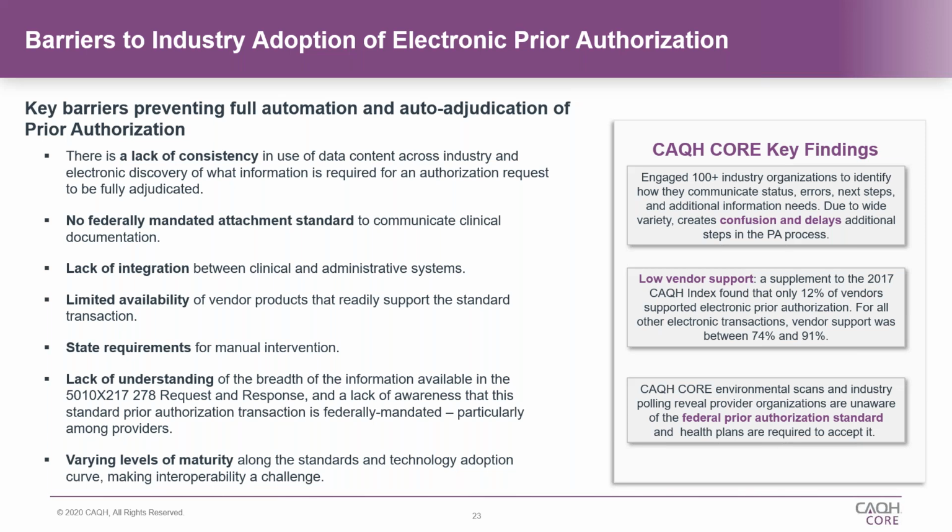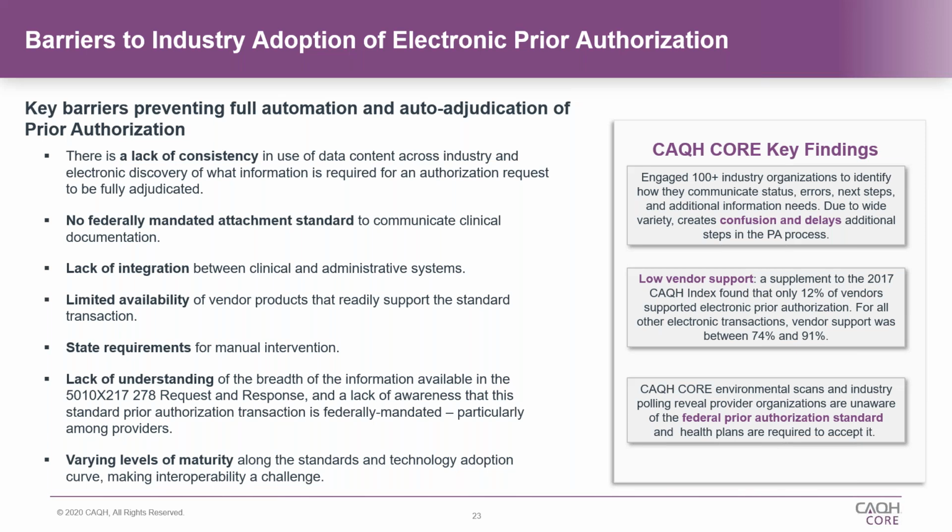In developing the operating rules that Bob will go through in a minute, we engaged with the industry to understand why the adoption of the 278 was so low. What you'll see here are some of the main reasons we heard from industry around why it is so low. During this process, we engaged with over 100 different industry organizations to gather information, and those organizations are also involved in the creation of these operating rules that you'll soon hear about.